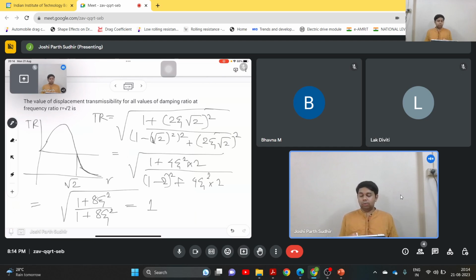So this is verified now that the transmissibility ratio is equal to 1 for R equal to root 2.